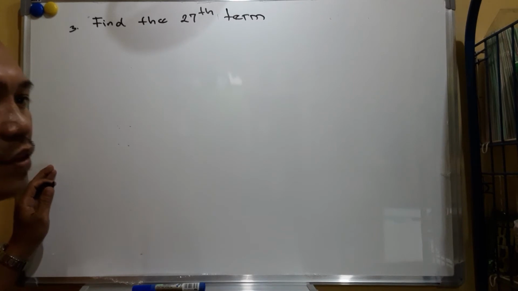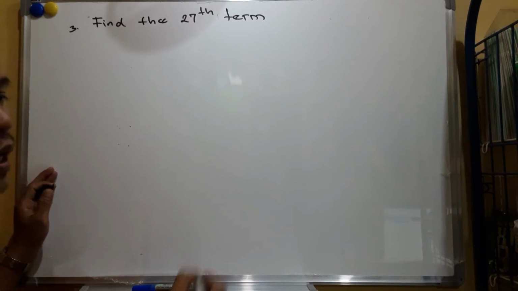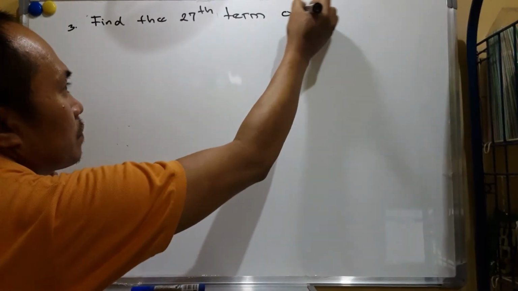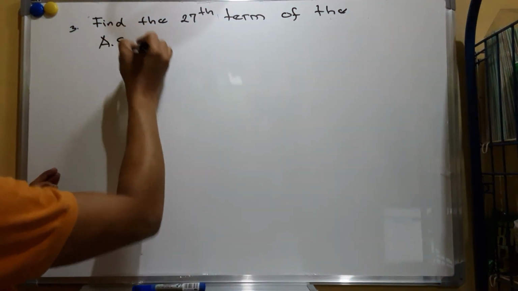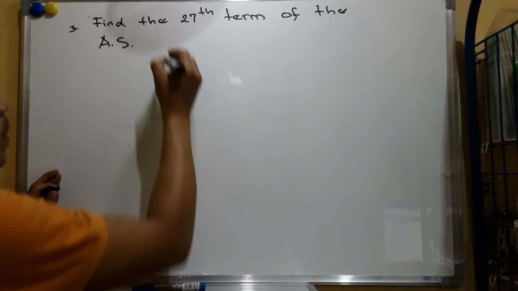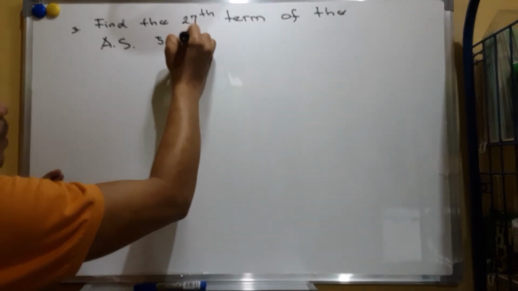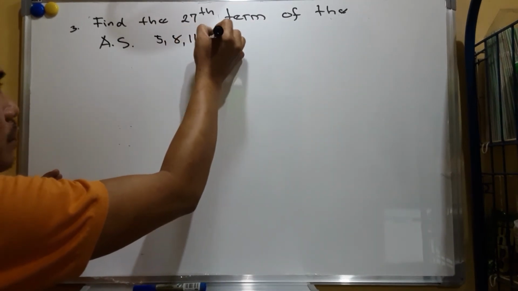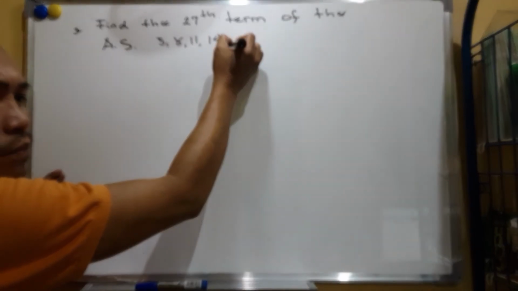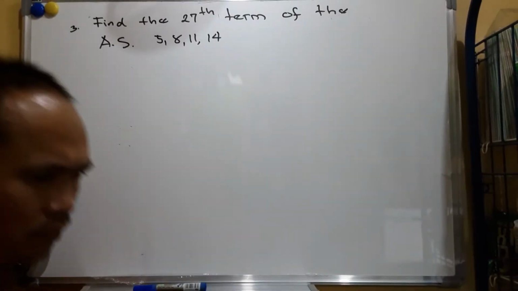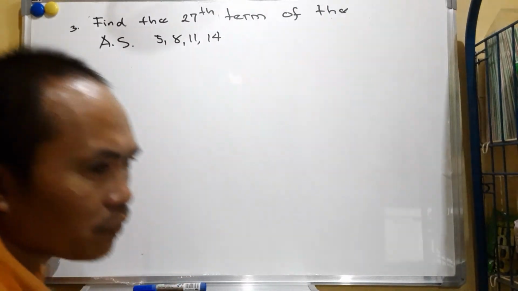Find the 27th term of the arithmetic sequence 5, 8, 11, 14.